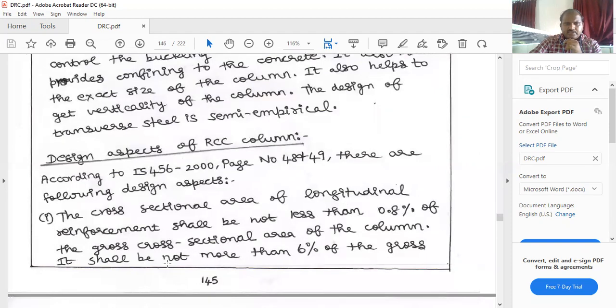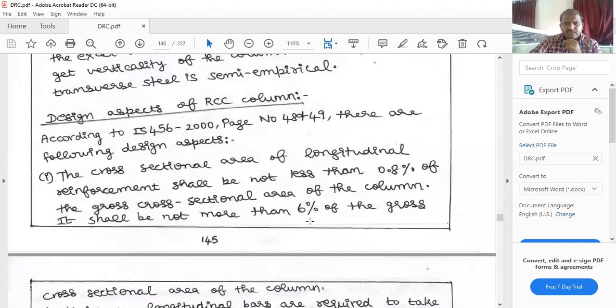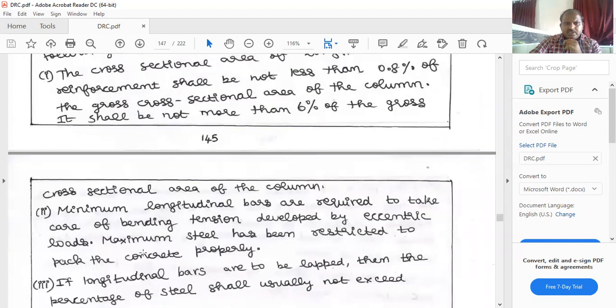It shall be not more than 6 percent of the gross cross-sectional area of the column. Minimum longitudinal bars are required to take care of the bending tension developed by eccentric loads. Maximum steel has been restricted to pack the concrete properly.